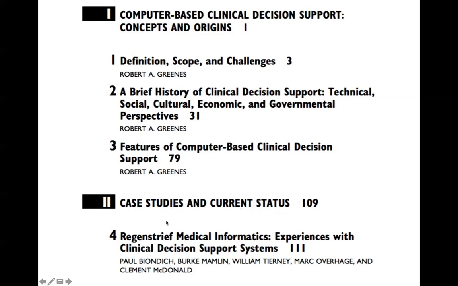The first one we will talk about is the Regenstrief. Regenstrief is quite famous. Dr. Clement McDonald is the pioneer, or you can call him the father, of IT in the Regenstrief, and he is currently the NIH director.